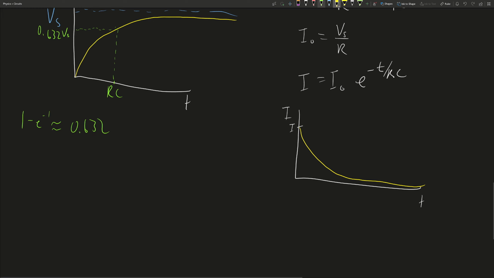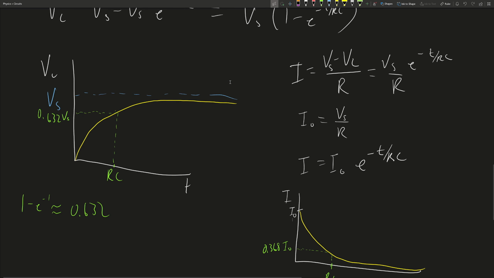And again, if we look at this RC time constant, after RC seconds, this current will reach a value of about 0.368 I0. So that's after one RC time constant has passed, it will reach 0.368 of its initial I0 current. Sorry, I forgot to put the subscript there. So this will be I0.